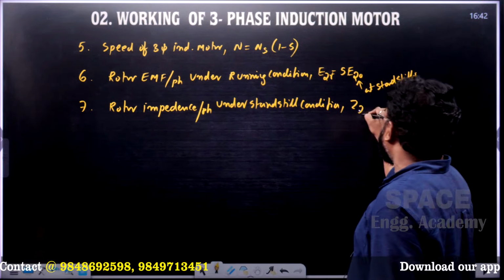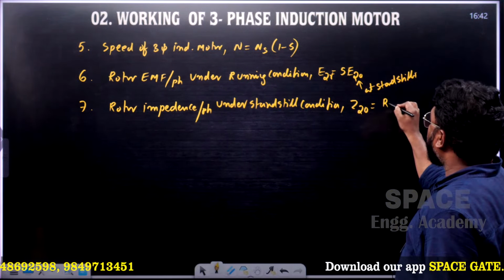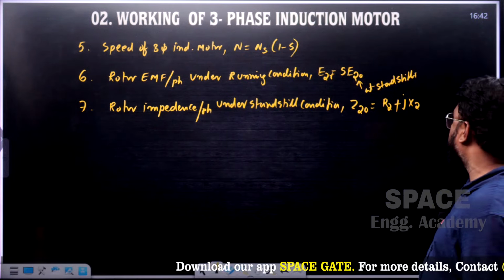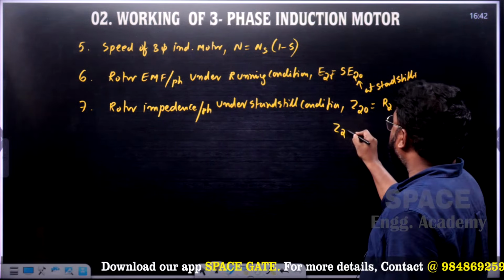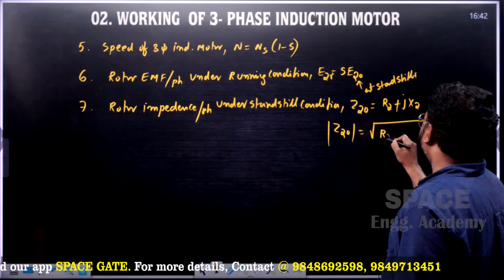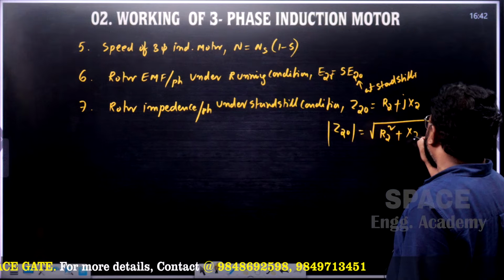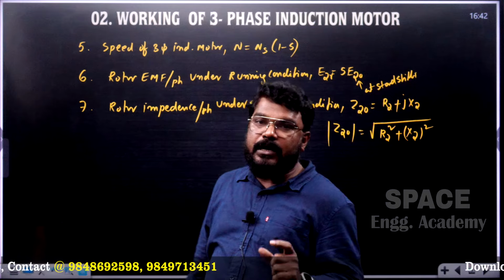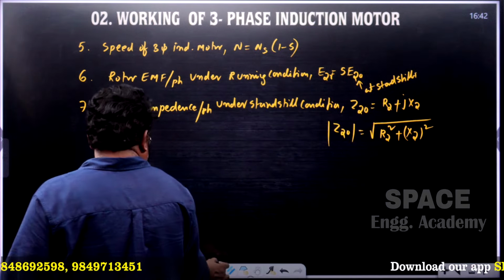That is Z20 is equal to R2 plus jX2. The magnitude of Z20 is equal to the square root of R2 squared plus X2 squared. So that is rotor impedance per phase under standstill condition.